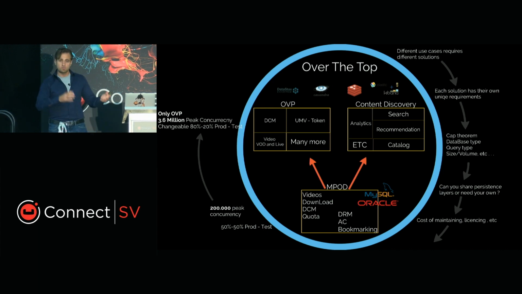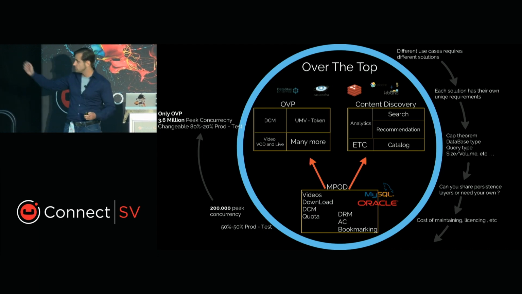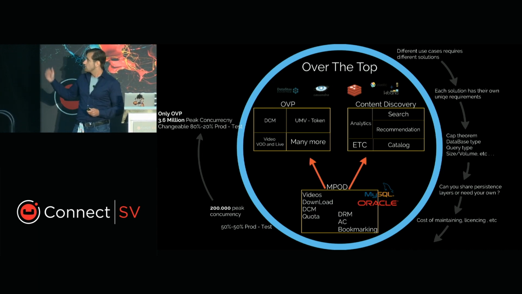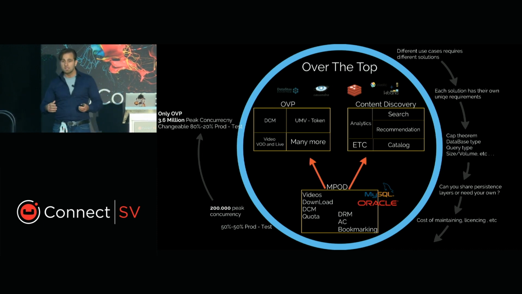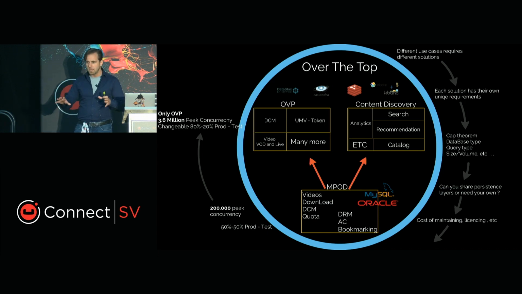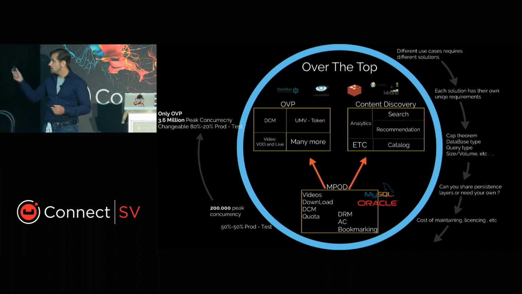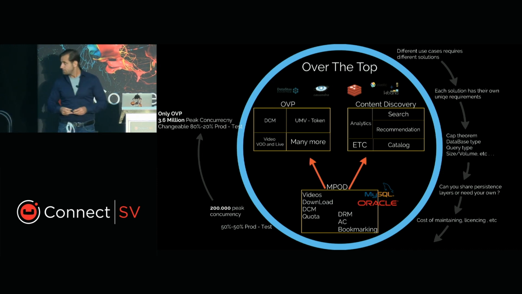We wanted to create OVP, which is the online video platform responsible for the things you can see on the screen, and content discovery, which is all the metadata work, all the AI stuff, forecasting, recommendation engine. It's 2 completely different types of work, so we thought it makes sense. We started to experiment with different technologies: Cassandra, Redis, Elasticsearch, and so on.